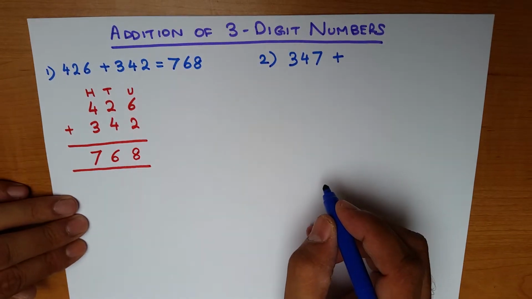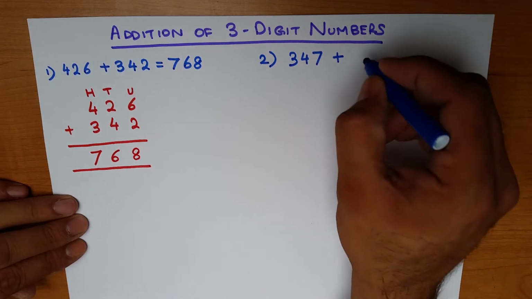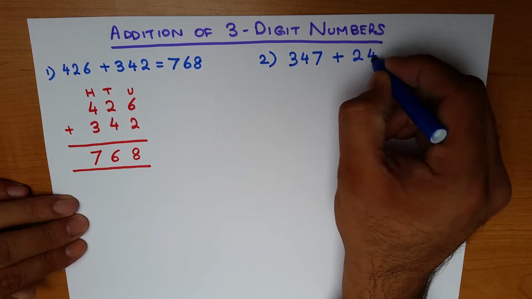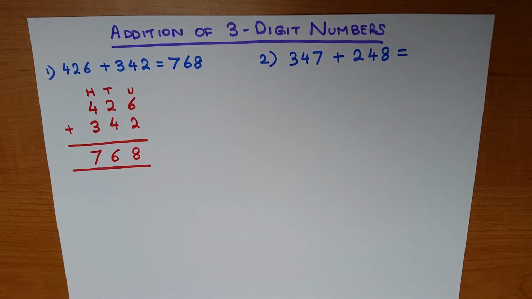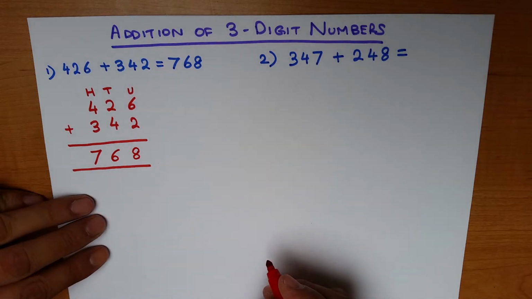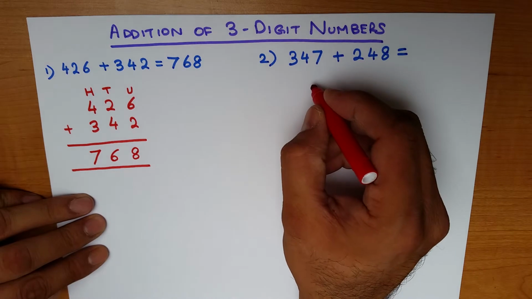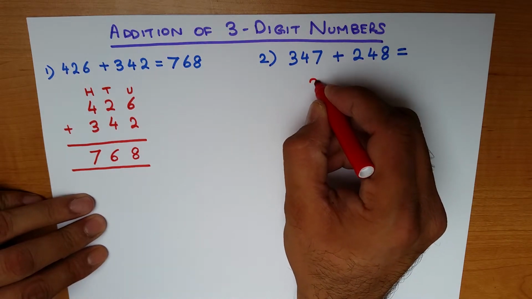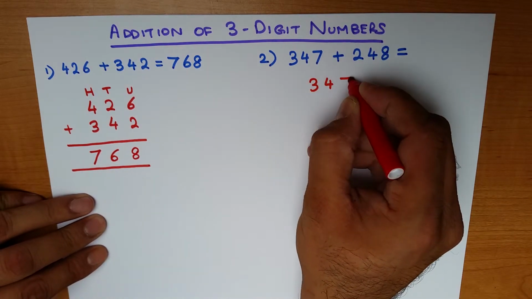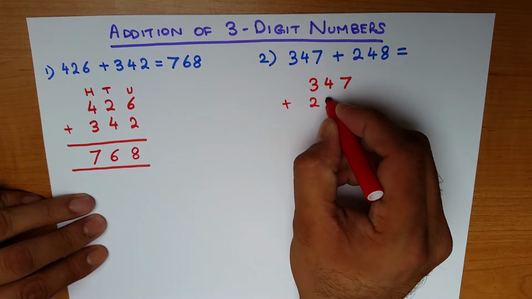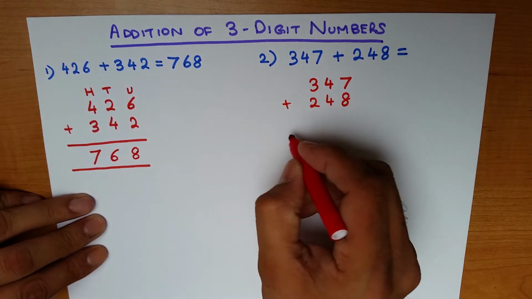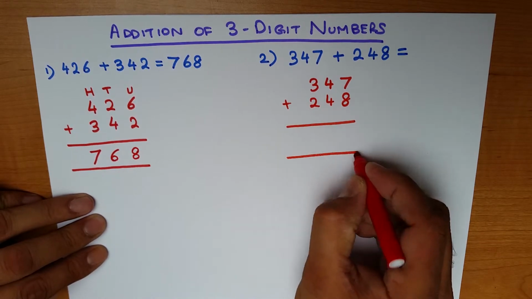What is 347 plus 248? Let's write these down in the vertical format. 347 plus 248.